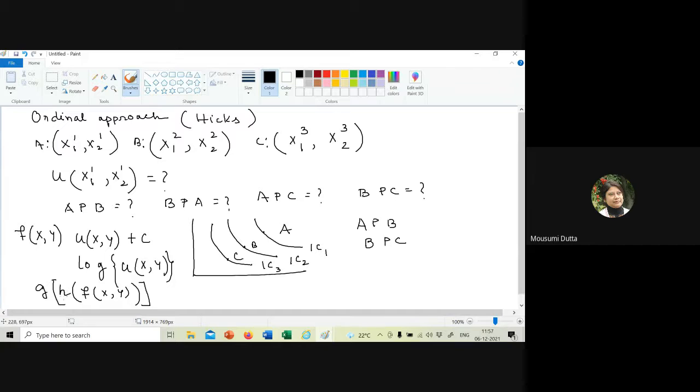So g of h of f of x, y is nothing but function of function of function of the same two commodities x and y. So g of h of f of x, y is nothing but a monotonic transformation of u of x, y. h of f of x, y is another monotonic transformation of f of x, y, whereas g of h of f of x, y is another transformation of f of x, y.